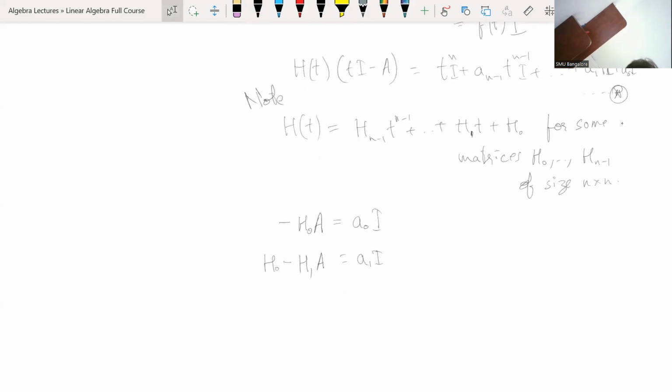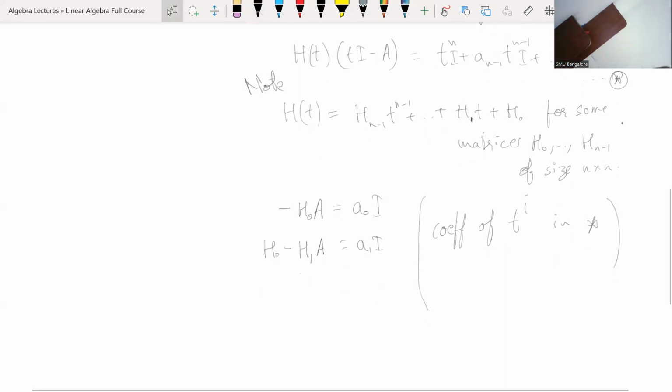So these are coefficients. What we are doing here is equating coefficients of t power i in star. Left hand side and right hand side we are writing that.